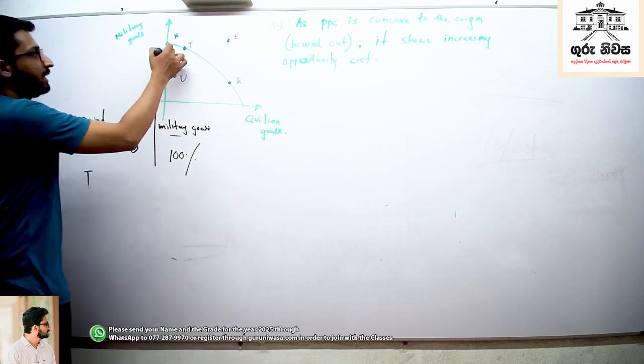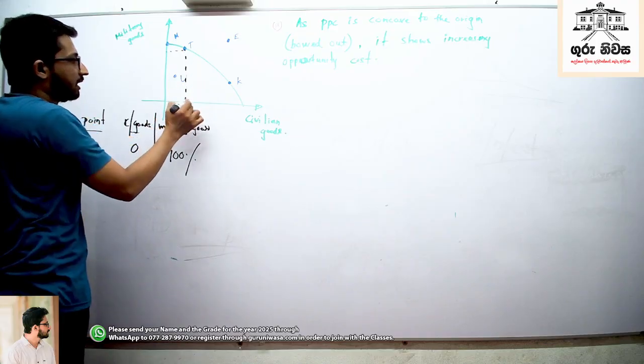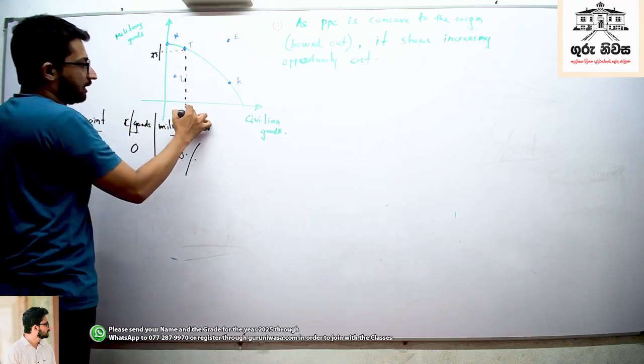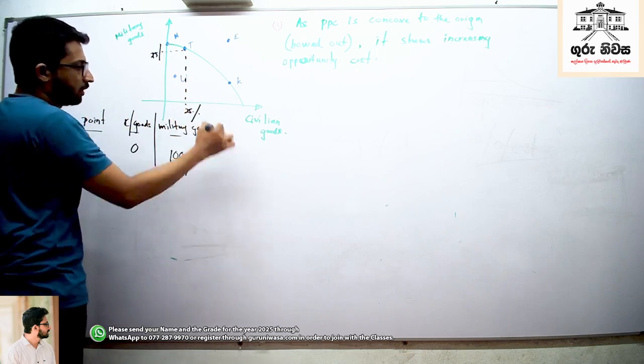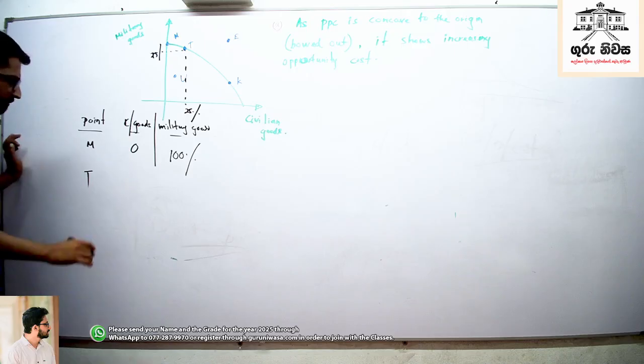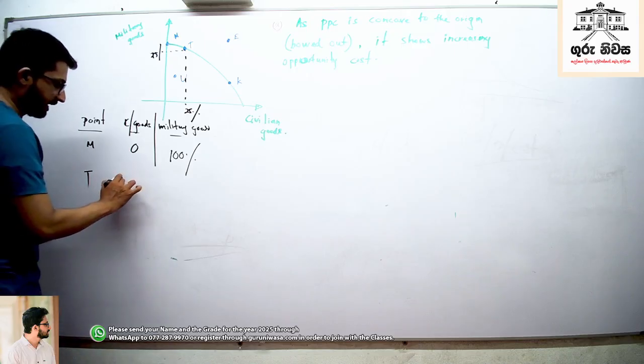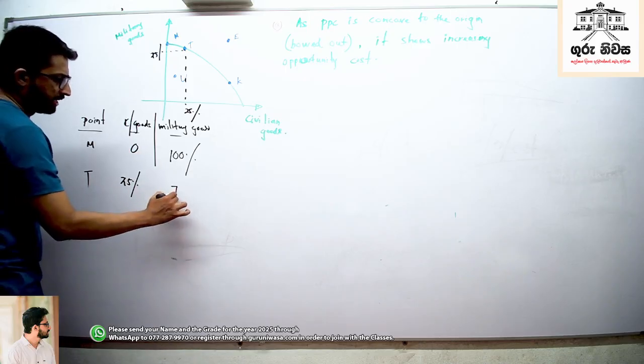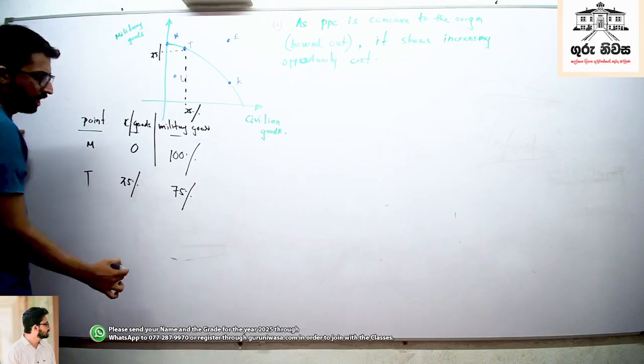Why? Point T means assume military production 75%, 25% resources allocated on civilian goods. Now it's somewhat okay. At point T, there is civilian production 25 and military production 75. Now it's possible.